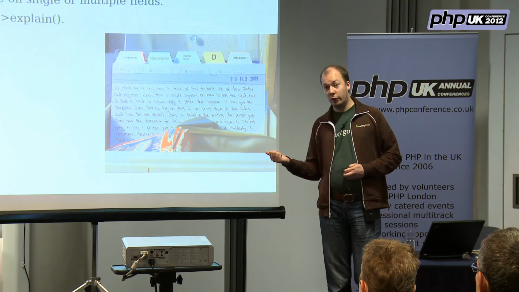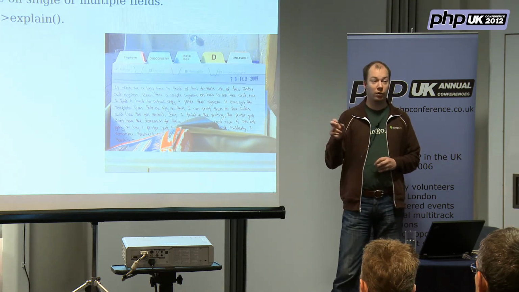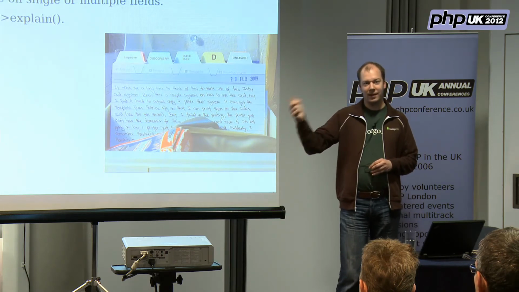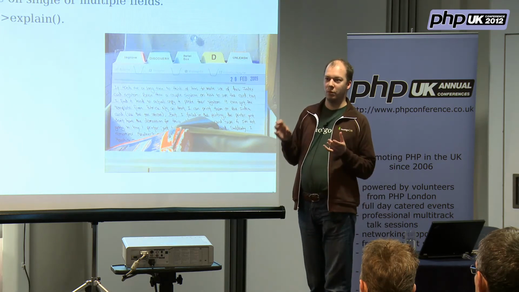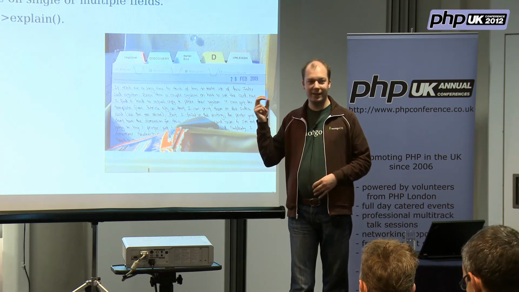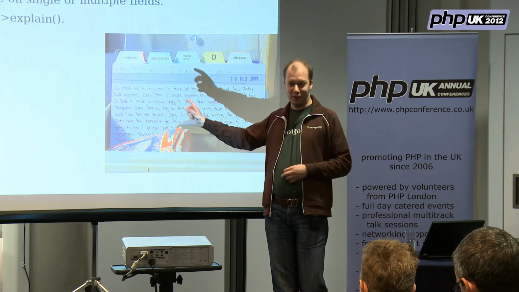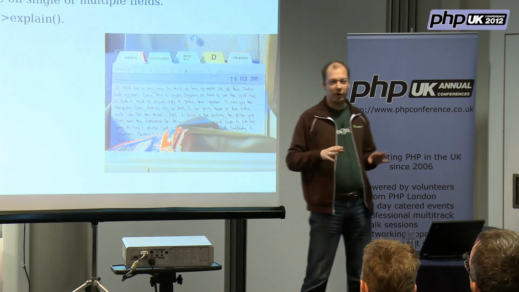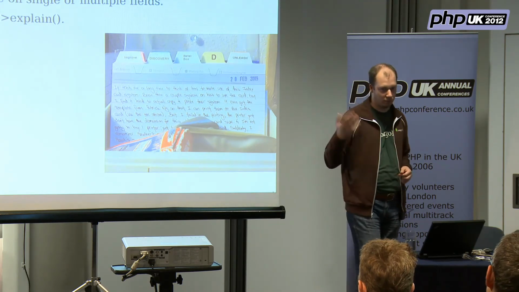Indexes can be on one or multiple fields, and you have to specify the sort order as well, so the index already knows whether you want to sort ascending or descending. Now, it doesn't make so much of a difference, because MongoDB is clever enough that if you sort on an index field in the opposite way of what your index does, it knows how to reverse the index the other way around. There are only very few occasions where the sort order makes a difference.